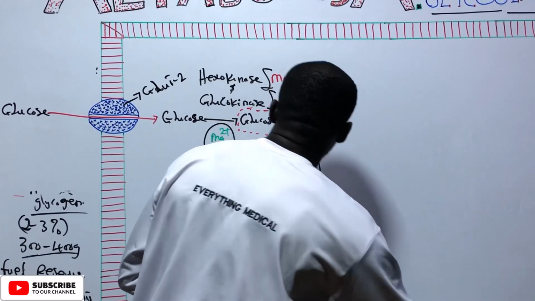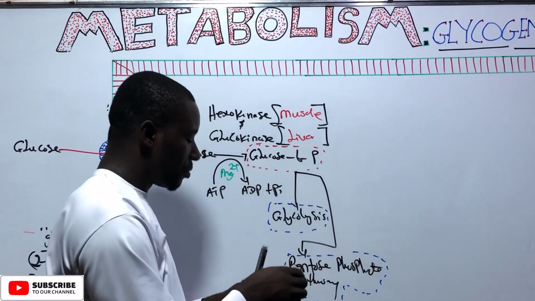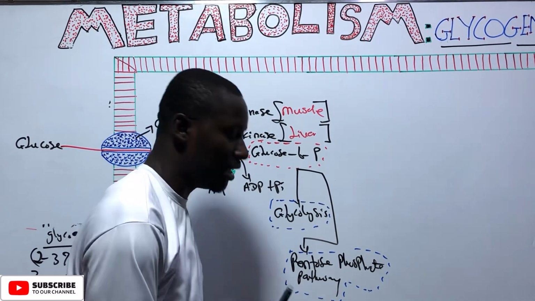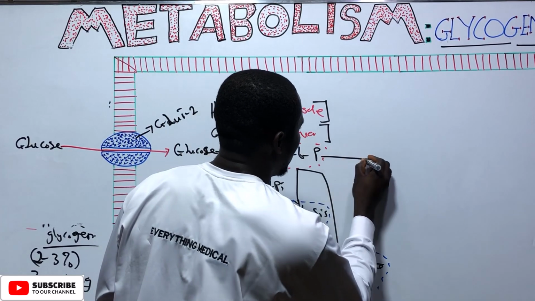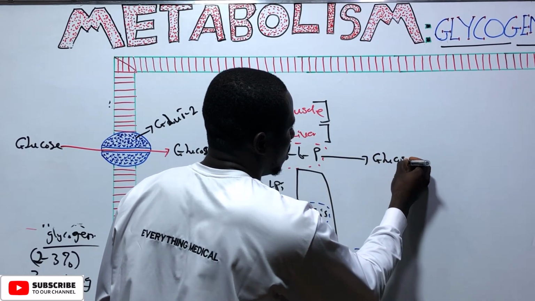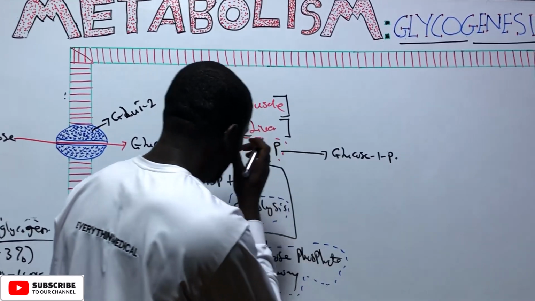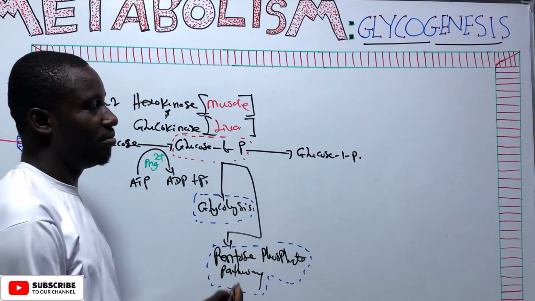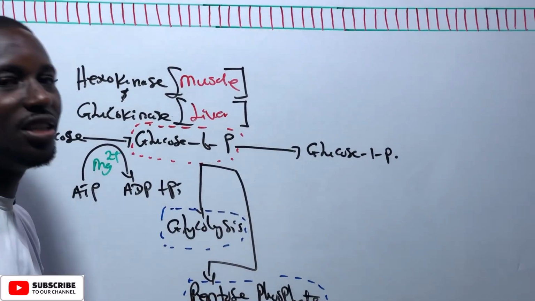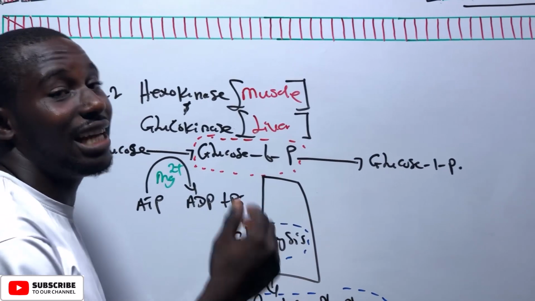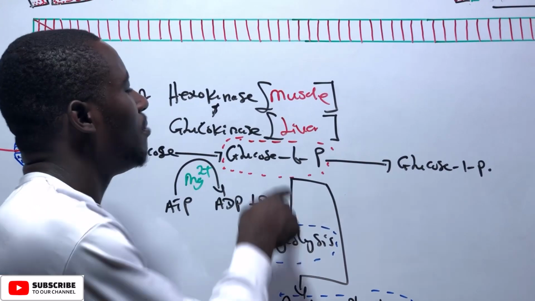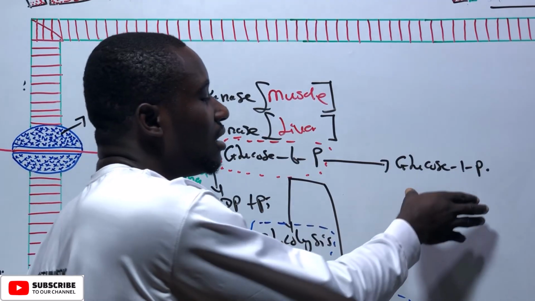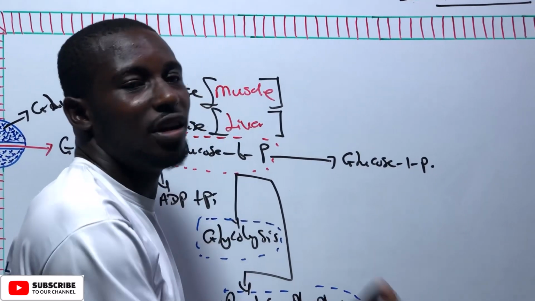Now, this glucose 6-phosphate will be converted to glucose 1-phosphate by an enzyme called phosphoglucomutase. Glucose 1-phosphate is an isomer of glucose 6-phosphate because glucose has 6 carbon atoms. There is an attachment of a phosphate group at carbon number 6 in glucose to form glucose 6-phosphate, whereas in this one, there is an attachment of the phosphate group at carbon number 1.